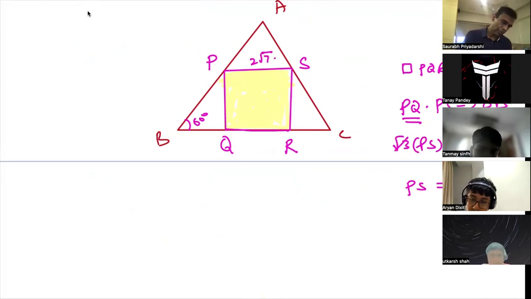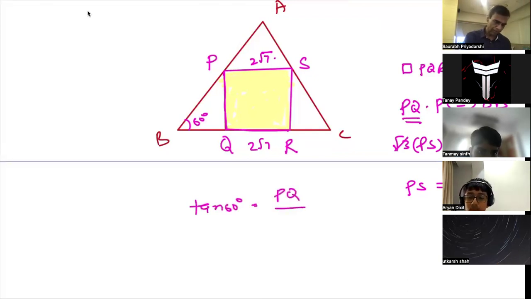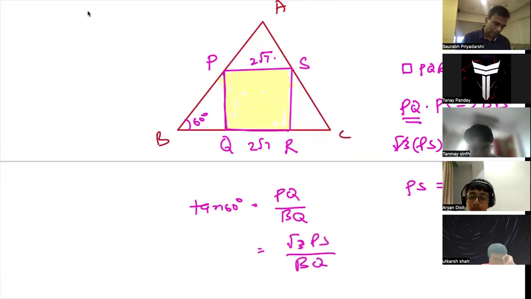Now, if one value is this and we are able to find PQ, and PS is 2 root 7, and root 3 times is given. So tan 60 degrees is equal to PQ by BQ, and PQ is nothing but root 3 PS upon BQ, and this is root 3 only.